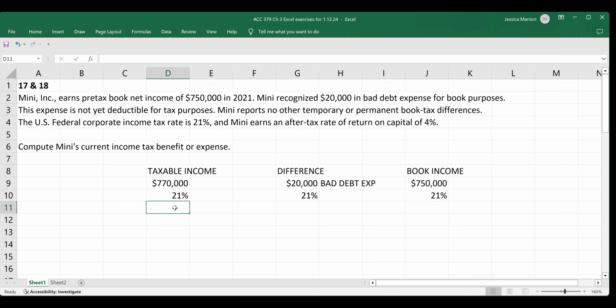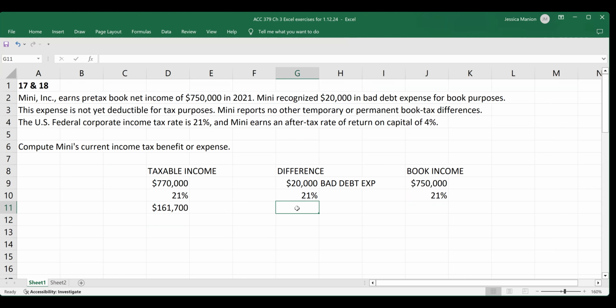Okay, so taxable income equals 770,000 times 21%. So income tax expense, 161,700.